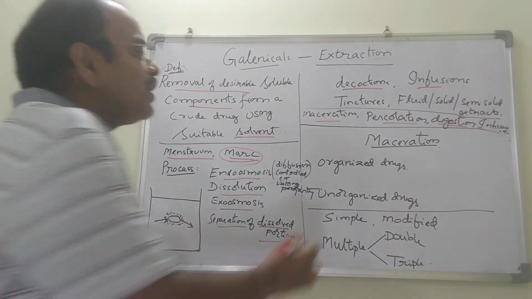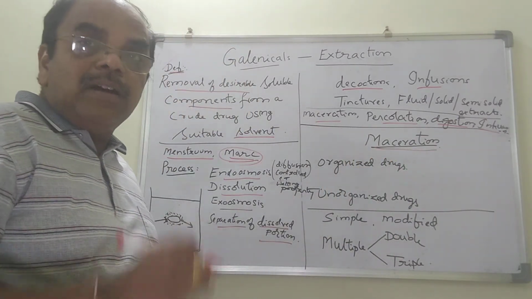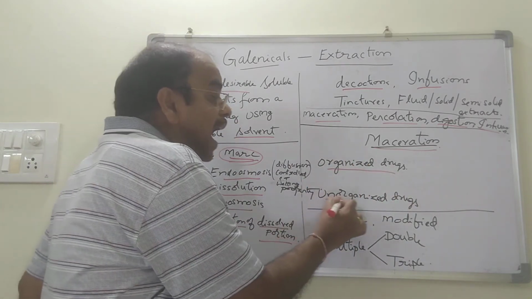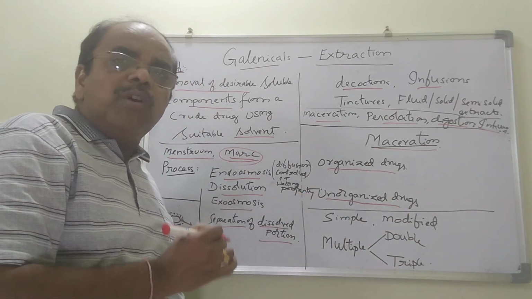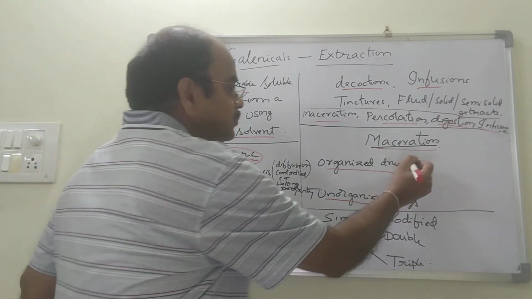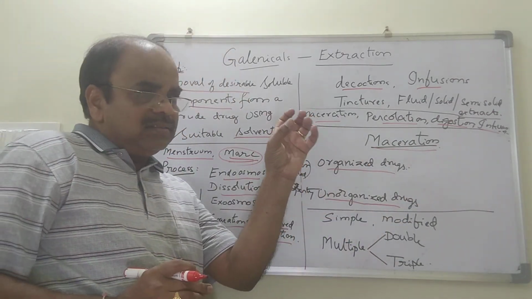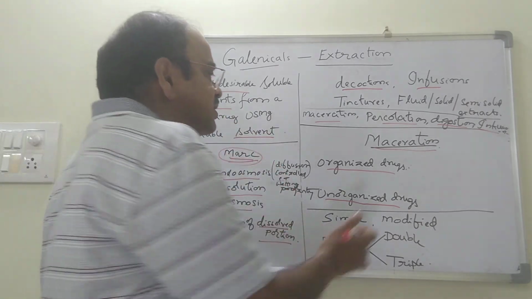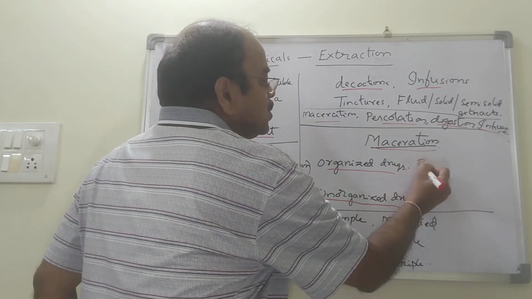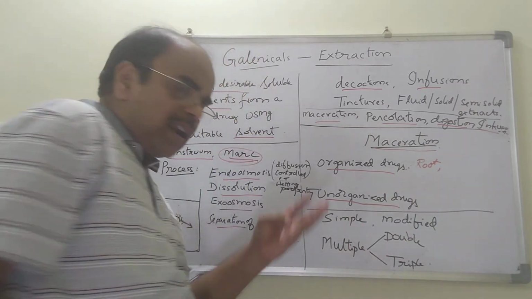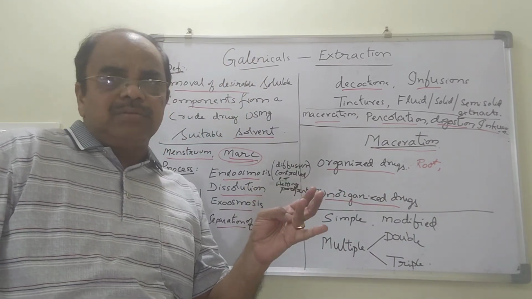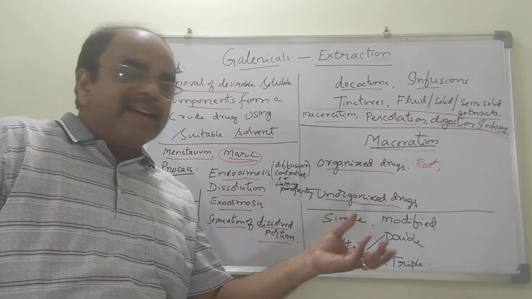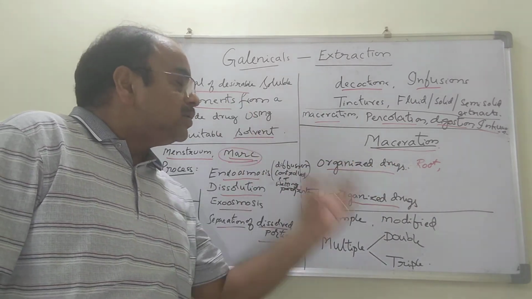To start with, what is maceration? We can do the maceration process for both organized and unorganized crude drugs. What do you mean by organized? Drugs with defined cell walls and defined cells, that is root, rhizome, leaves, fruits, buds, and even bark.